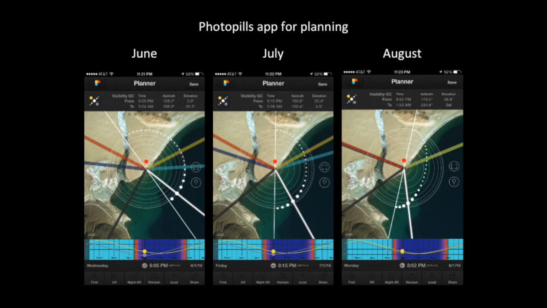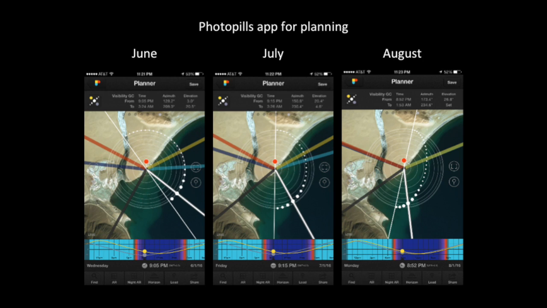This slide talks about June, July, and August. As you see in June, the Milky Way visibility is from 9:05 p.m. to 3:24 a.m. The only difference here is that by the time the Milky Way is visible, it has already risen. As this diagram shows, it probably rose at around 8:30, but by the time it is completely dark, the Milky Way is a little up in the sky, a little more on the horizontal side.